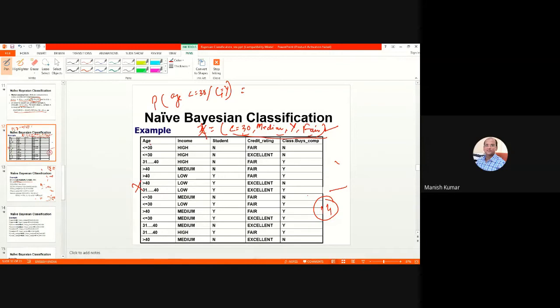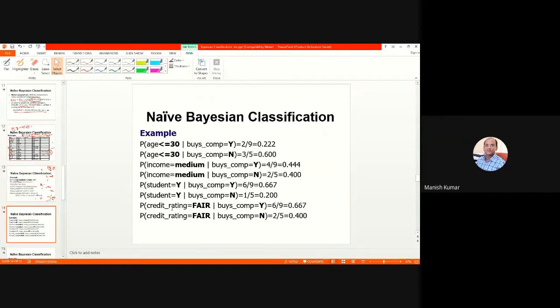If you look, there are five instances: 1, 2, 3, 4, 5. Now see how many of these are yes. This is yes, this is yes. So out of 9, only two instances correspond to this, so this is coming as 2 by 9.